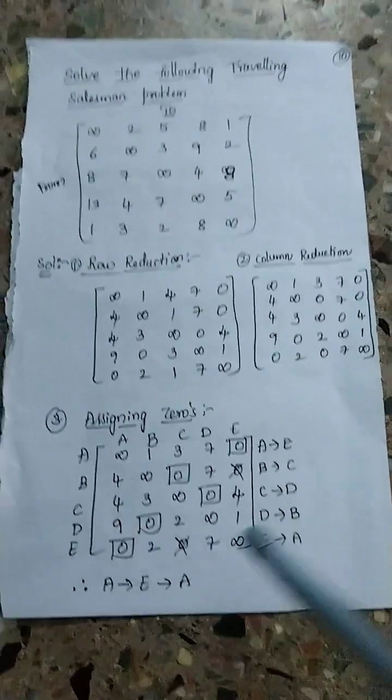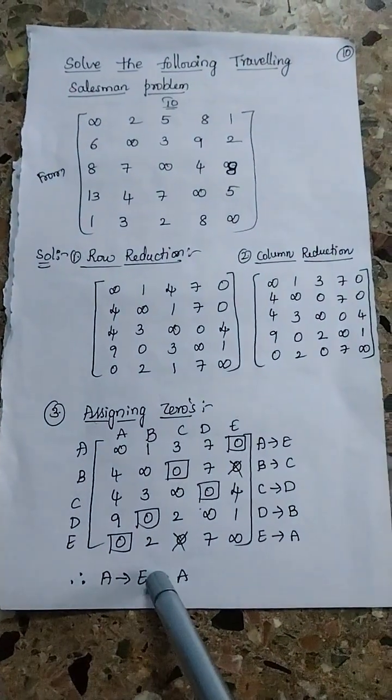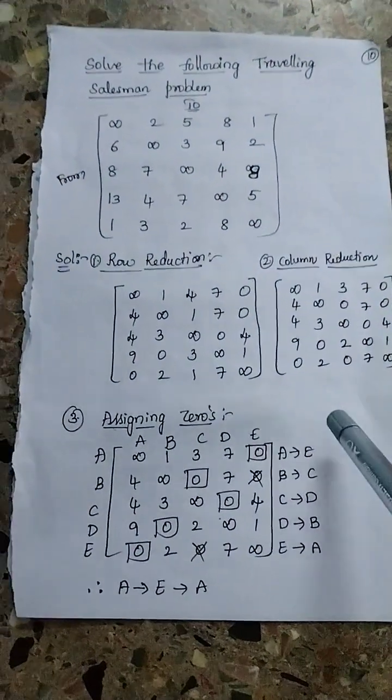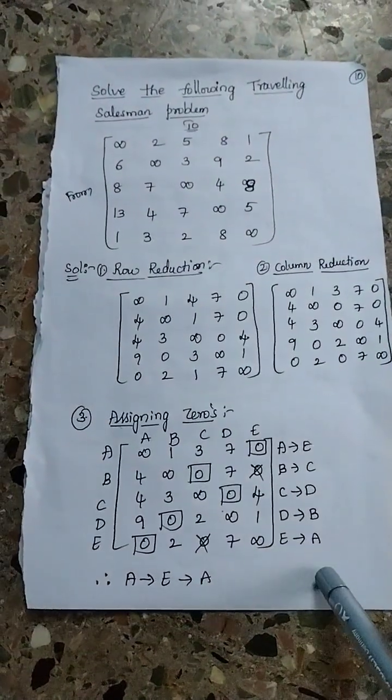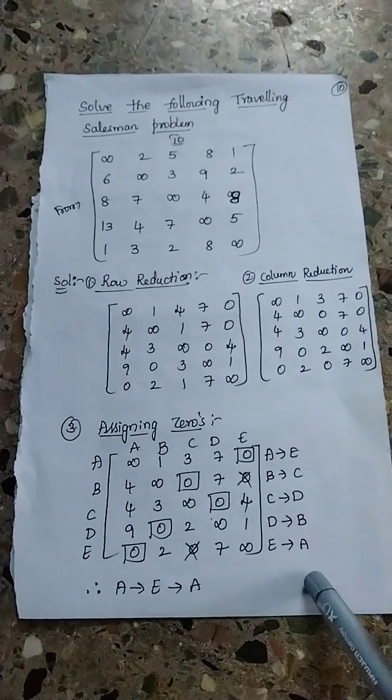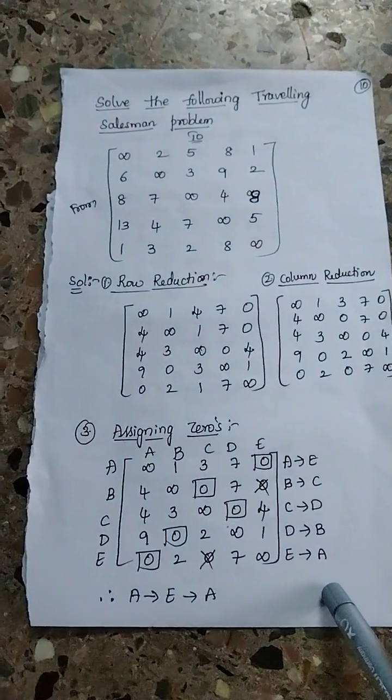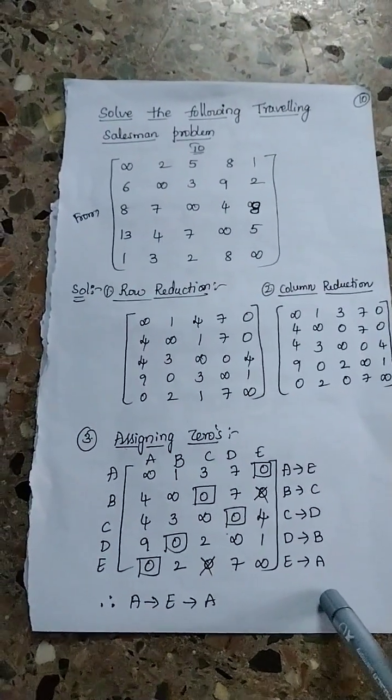Here, A to E, he has gone. From E to A, see, it's a broken route. He didn't reach the places B, C and D. That's why it is a broken route.